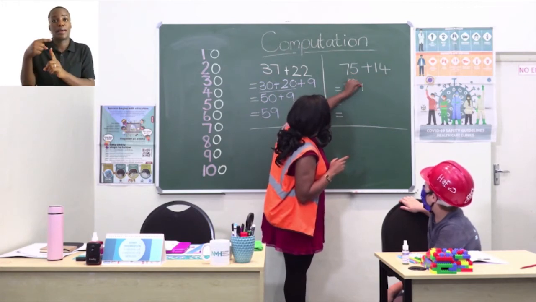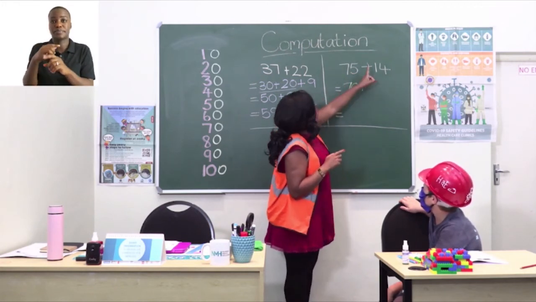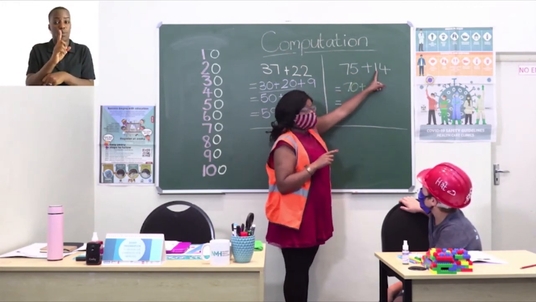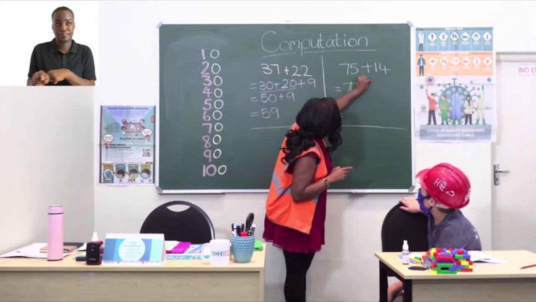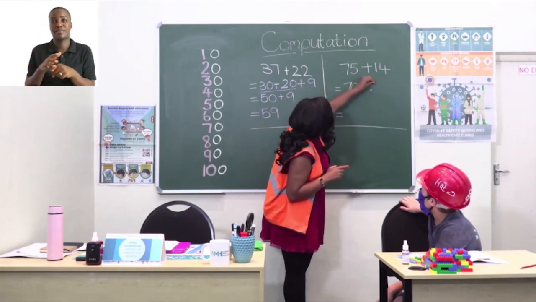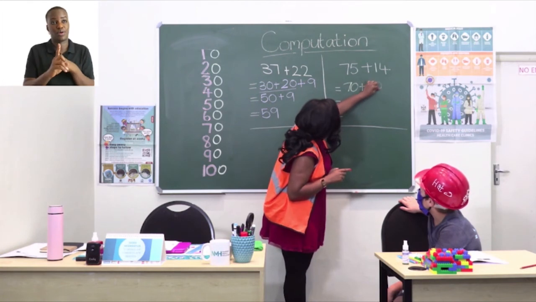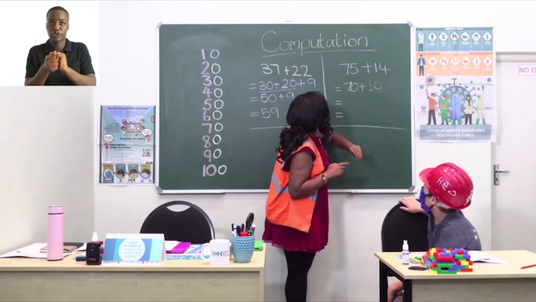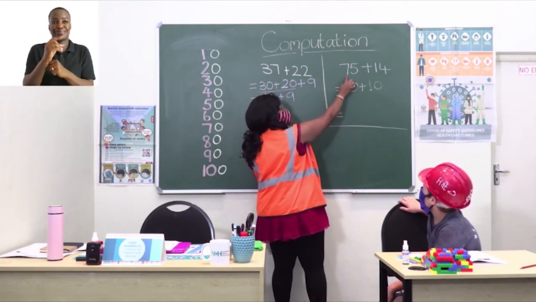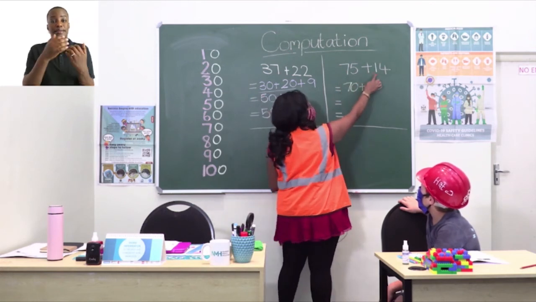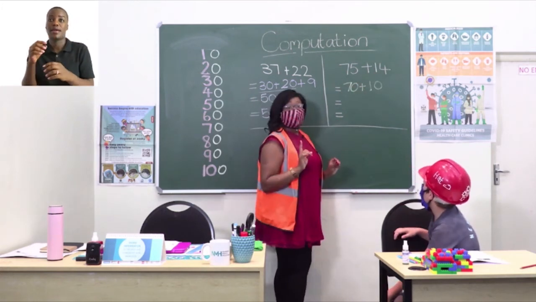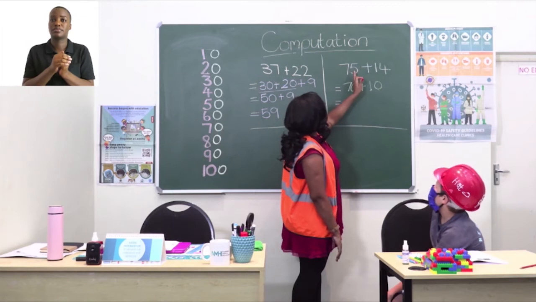Then we say plus, we take our 1 and then we bring it down. And we add a 0 to make it a decade number.